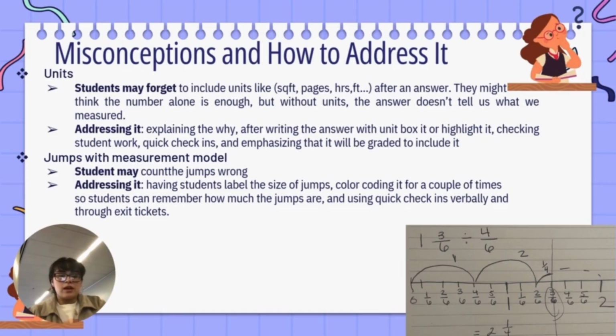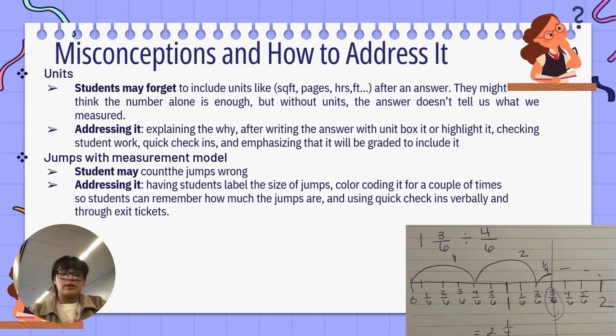Another misconception is the jumps with the measurement model. Students could count it wrong, and to address that, when introducing this topic, it's important to label what the numbers mean. So in this picture, the 1/36 and 36 are where you land and where you're going to finish. And then the 4 is the amount of jumps you're going to do.